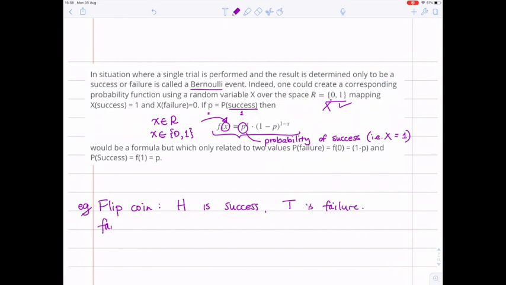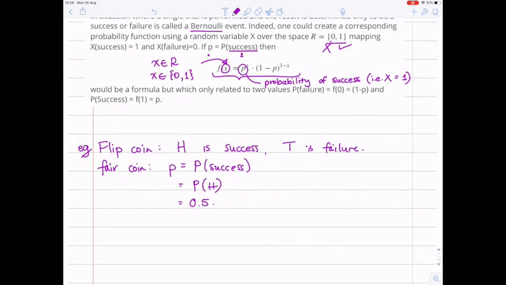If it's a fair coin, then our probability of success is the probability of heads, which, as I say, for a fair coin is 0.5. And then our probability function will be f(0) equals 0.5 to the 0 times (1 minus 0.5) to the 1 minus 0.